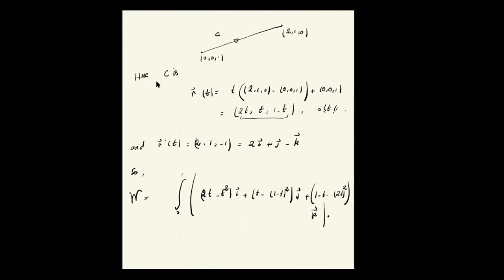And then this is a scalar product with the vector 2i plus j minus k.